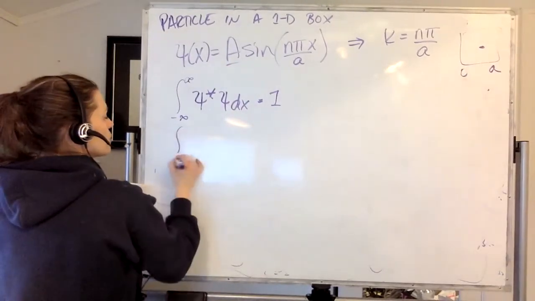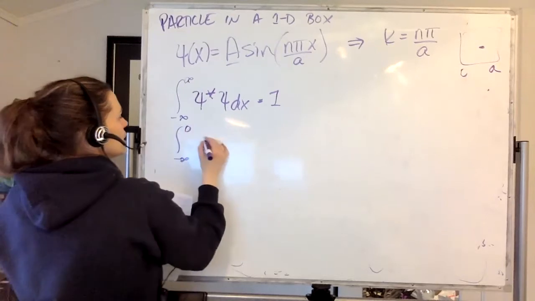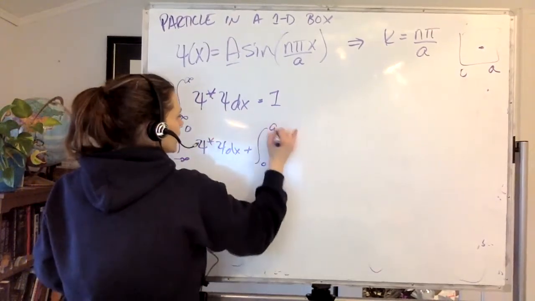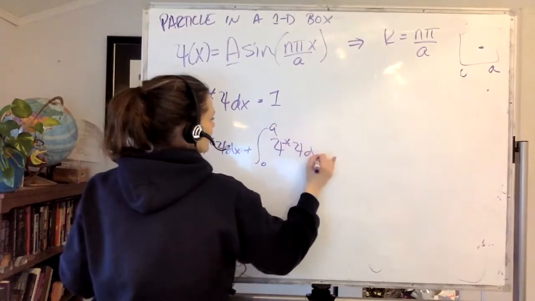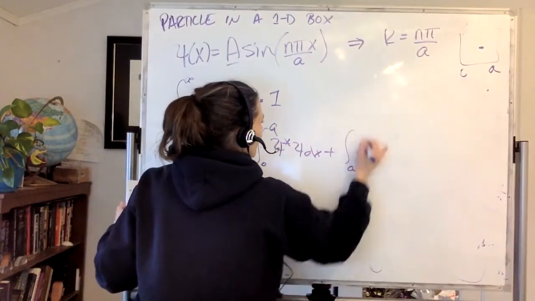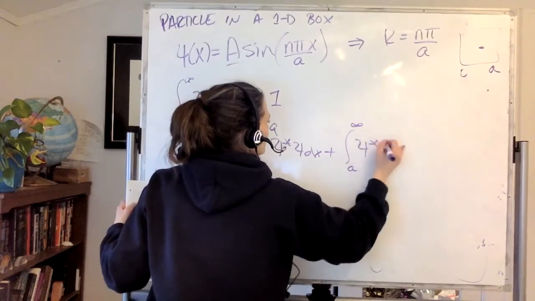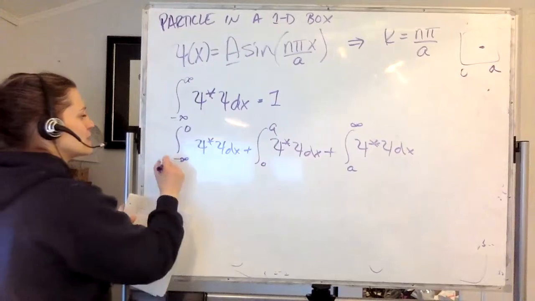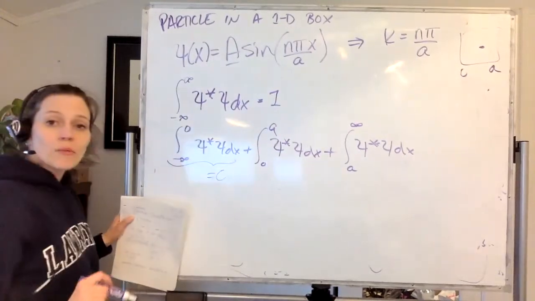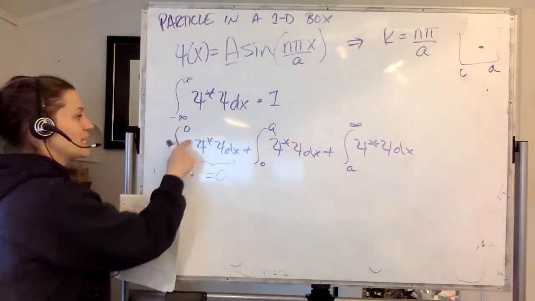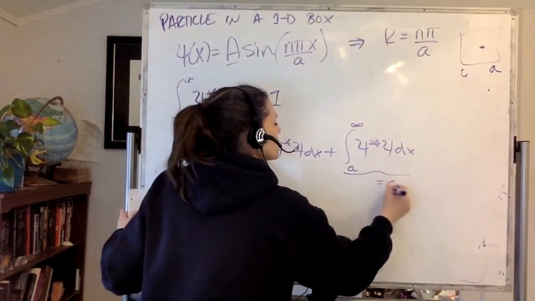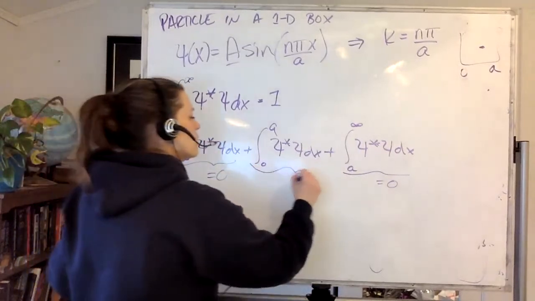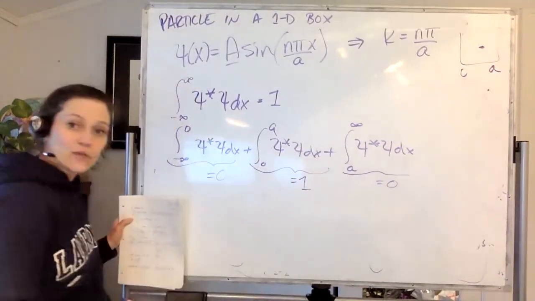Now, from minus infinity to 0, psi star psi dx, plus from 0 to a psi star psi dx, plus from a to infinity psi star psi dx. I'm writing this all out because there is 0 probability of the electron existing from minus infinity to 0, and 0 probability of the electron existing from a to infinity. Therefore, that means that this has to equal 1.